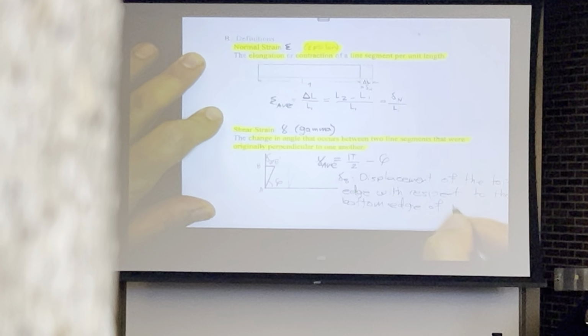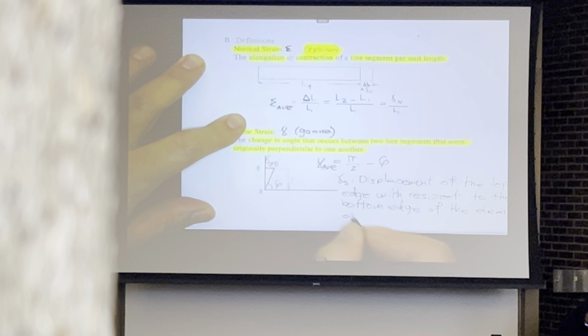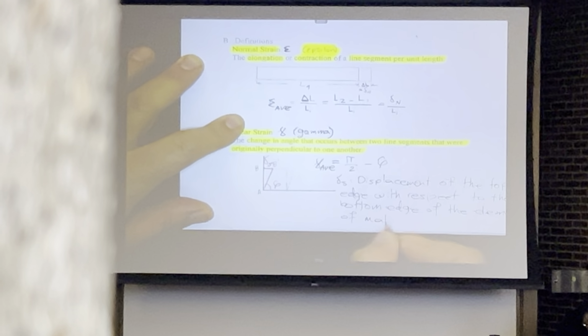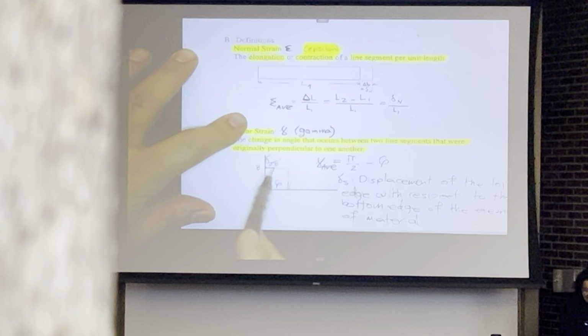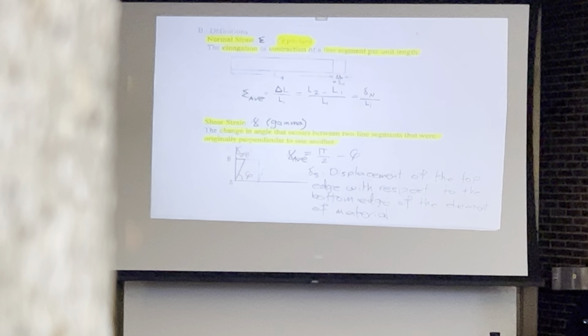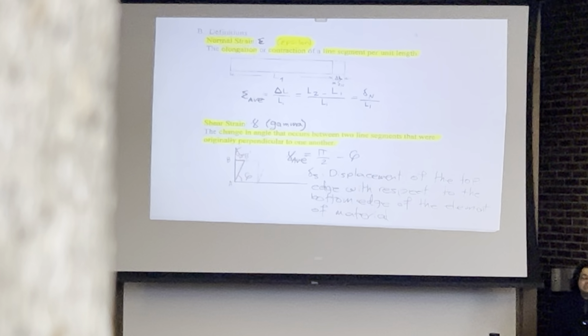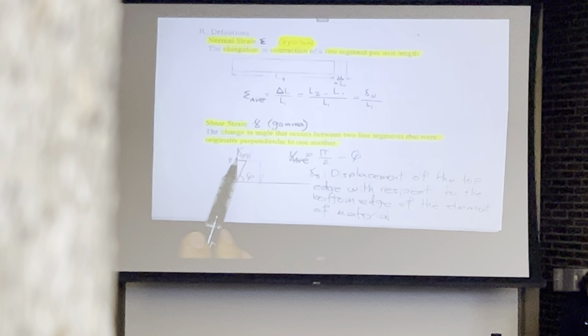Please write down all these terms. So this is the element of material that we're considering right now for this definition, and the displacement of the top edge with respect to the bottom edge has been shown with delta S.